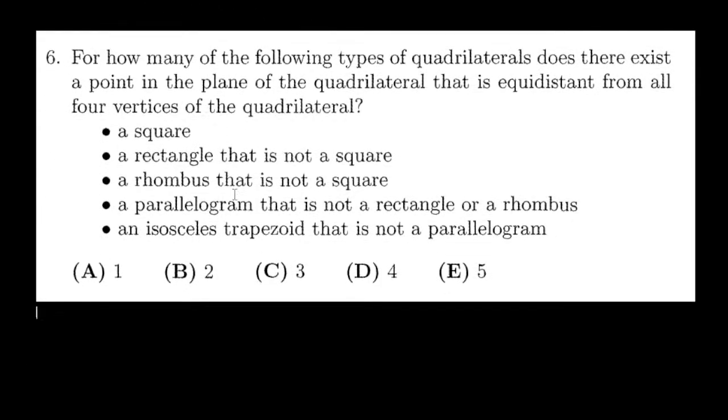For how many of the following types of quadrilateral does there exist a point in the plane of the quadrilateral that is equidistant from all four vertices of the quadrilateral? So I have to find one point in the quadrilateral which is equidistant from all four.